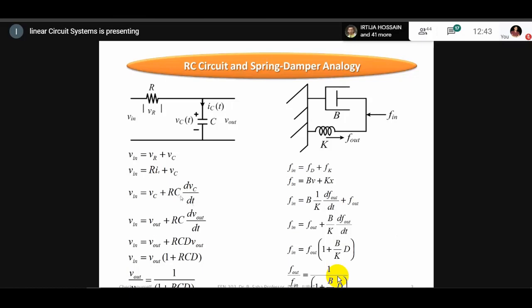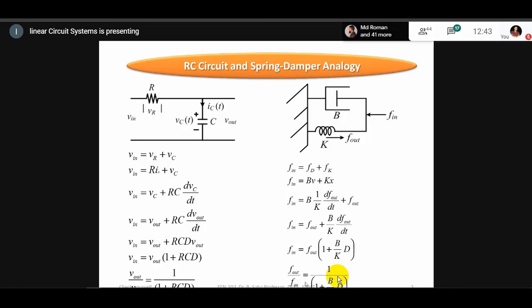On the left side, RC dVc by dt is a similar construction of the equations. In the same way, you take F out common from the above equation: F in equals F out multiplied by 1 plus B by Kd.